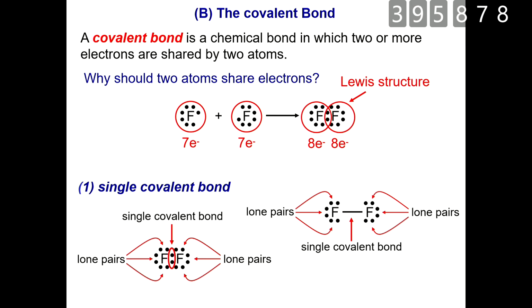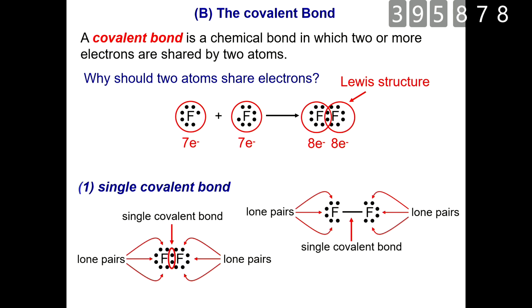We can use this short line to show the bond. So this is also called a single covalent bond. Between them, they share these two electrons. These two electrons form the single covalent bond.